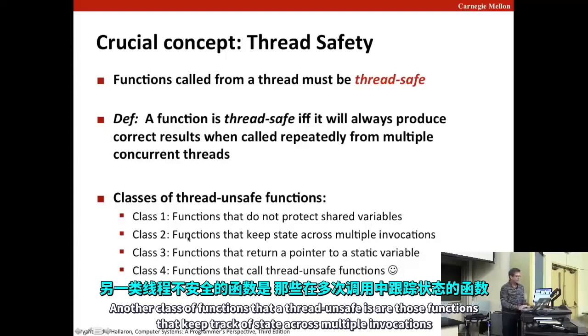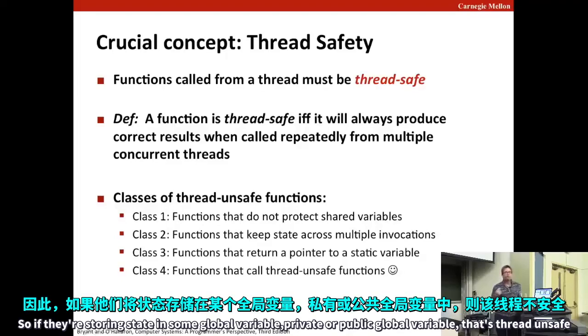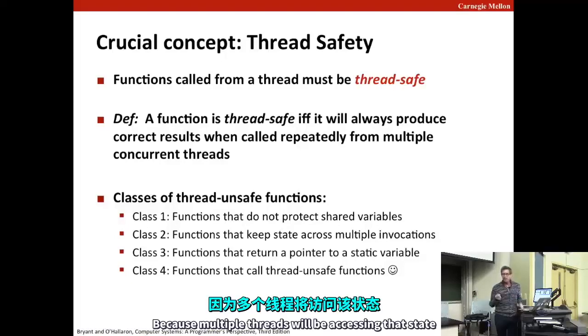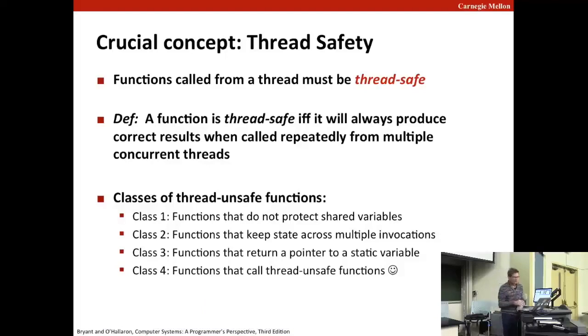Another class of thread unsafe functions are those that keep track of state across multiple invocations. If they're storing state in some global variable, private or public, then that's thread unsafe because multiple threads will be accessing that state.